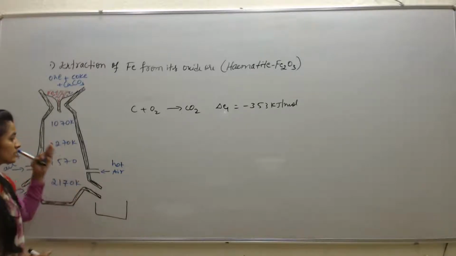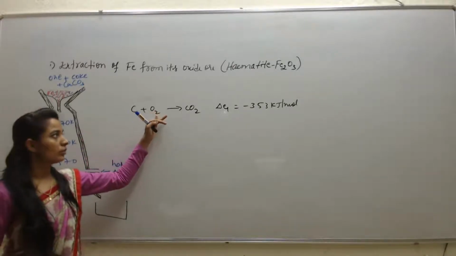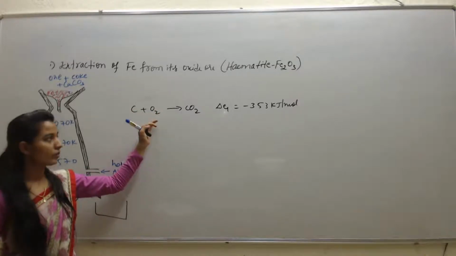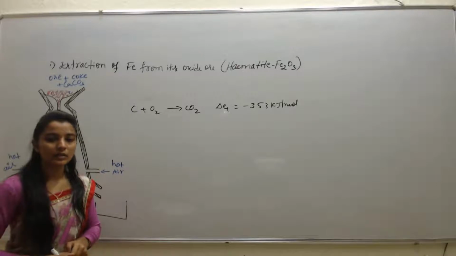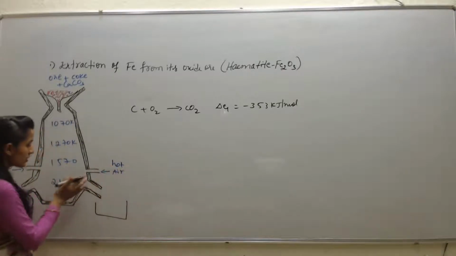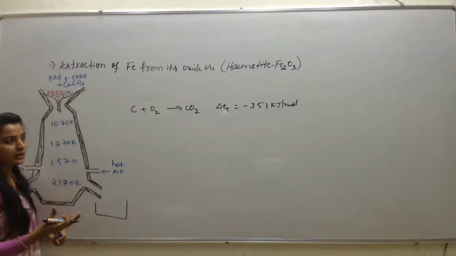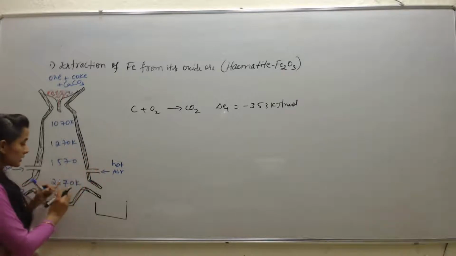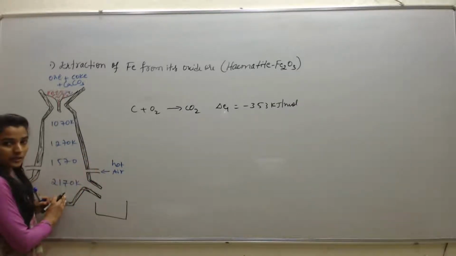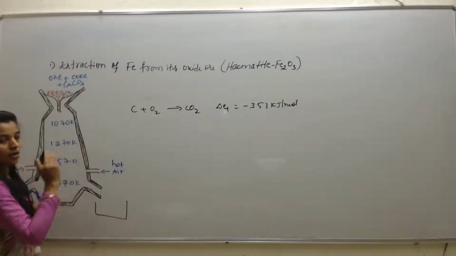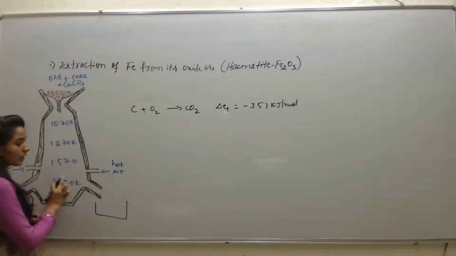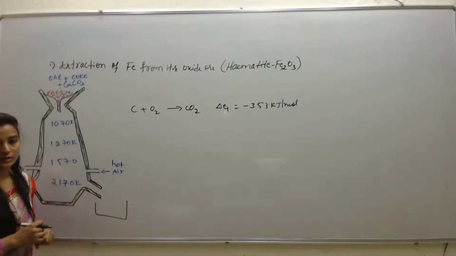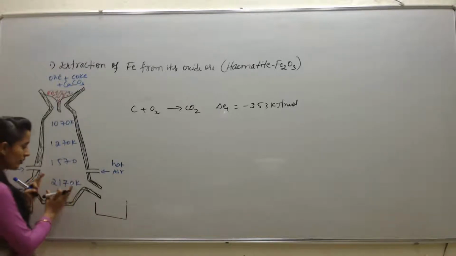The carbon combines with O2, coke is nothing but carbon, and forms CO2. At the same time, formation of CO2 releases an enormous amount of energy, resulting in high temperature in the lower region of the blast furnace.